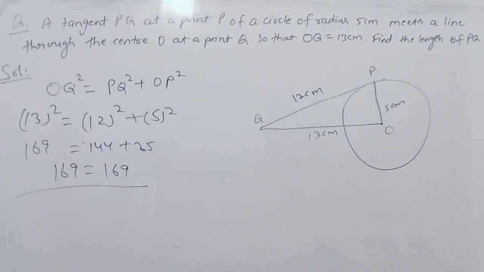That's why the sum of the squares of perpendicular and base is equal to the square of the hypotenuse. Next question.